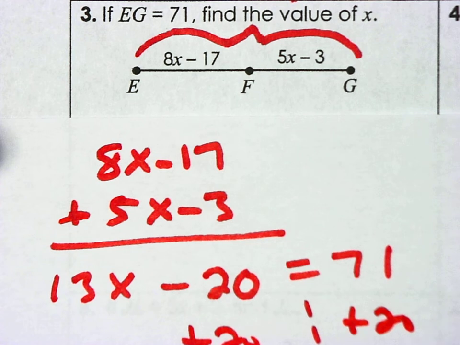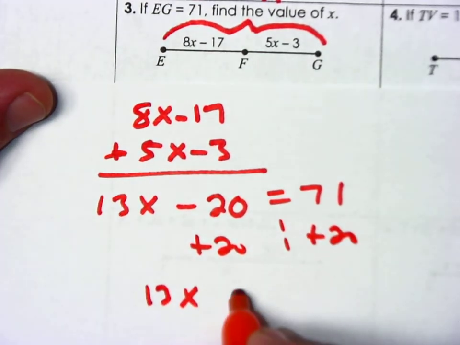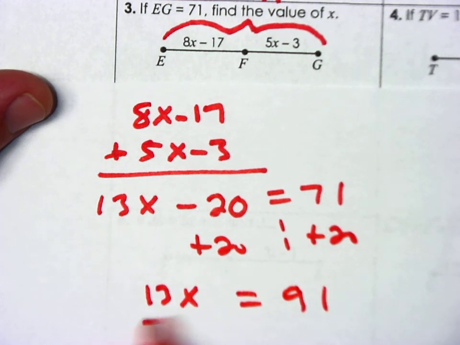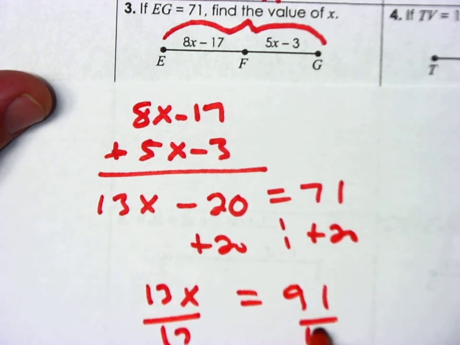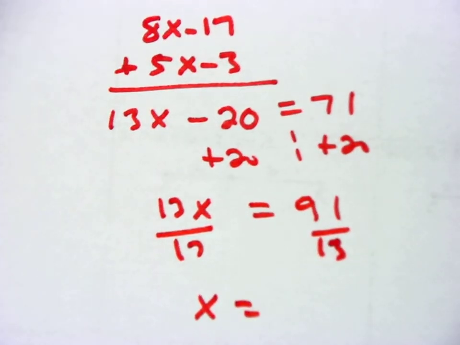I'm going to get 13x equals 91. Divide by 13 and divide by 13. To get your answer, x equals, and if you are using a calculator, please remember you always go top divided by bottom, or numerator. So 91 divided by 13, and you get the answer, x is 7.